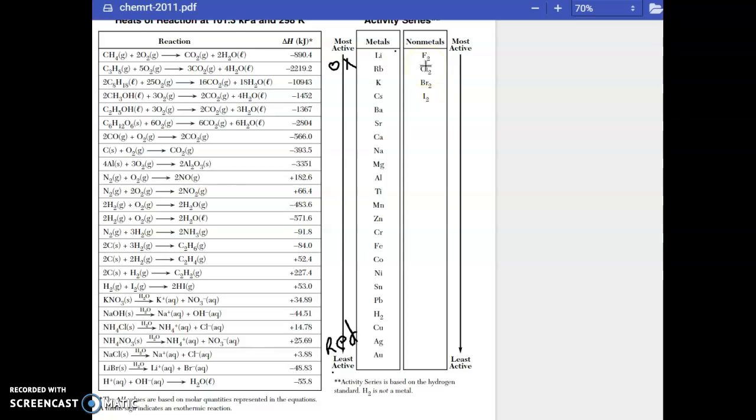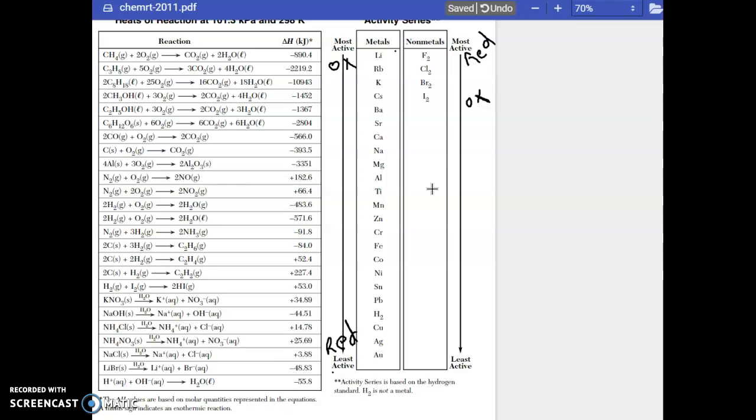So the more active nonmetal would be reduced. So fluorine is most likely to be reduced and to gain electrons, which we already know, which makes the less active nonmetals more likely to be oxidized. Because if it was a battle for electrons, iodine would have to give its electrons to fluorine because fluorine wants them more, which would make iodine oxidized.